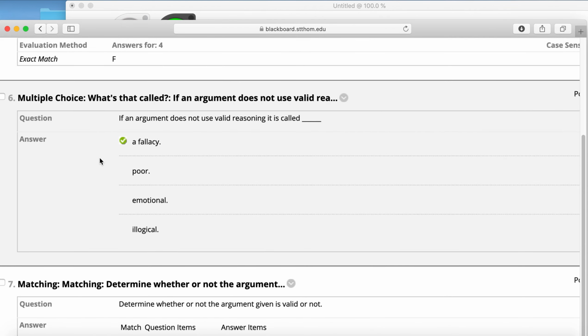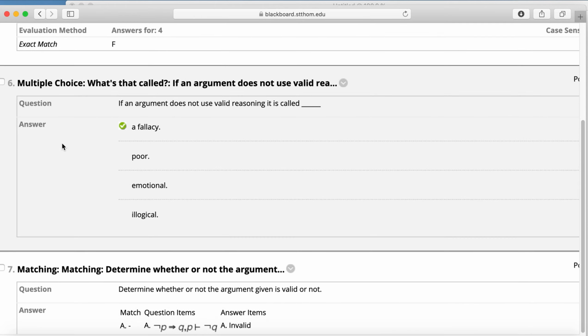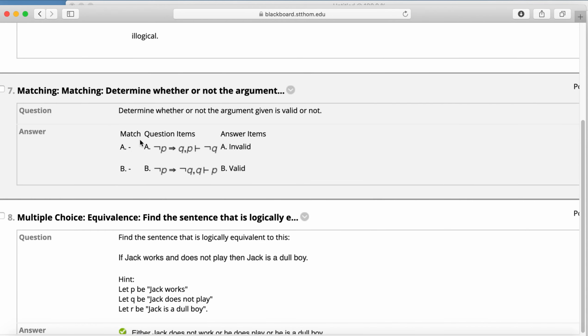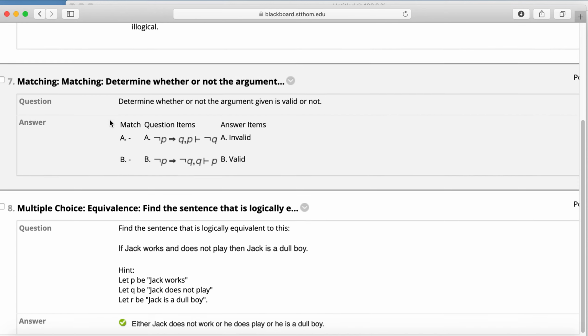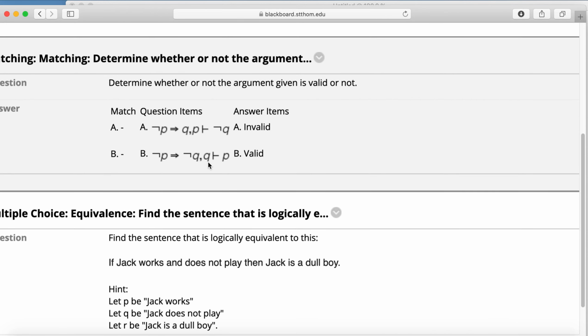Okay, if an argument does not use valid reasoning, it is called a fallacy, right? So no other answer is, I mean, this was a giveaway, right? Okay, 7. Okay, so part B is valid, and why is that?